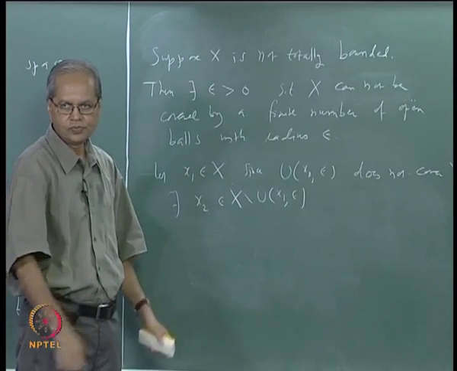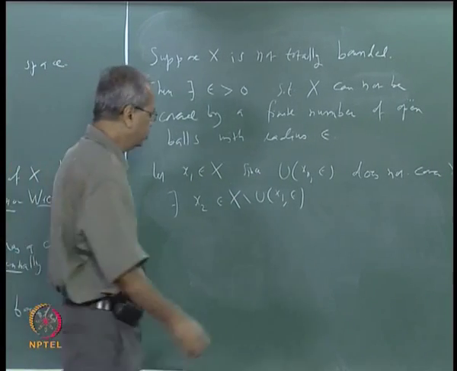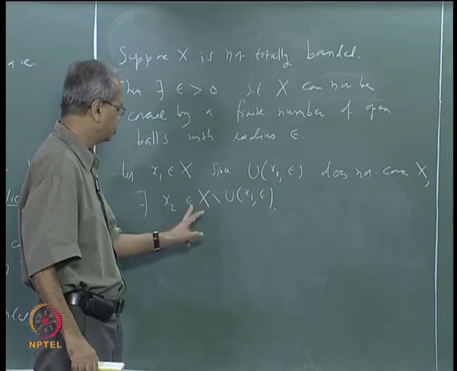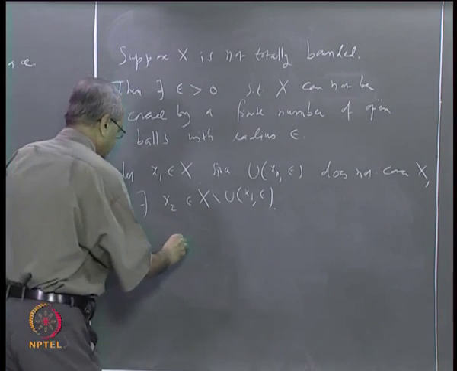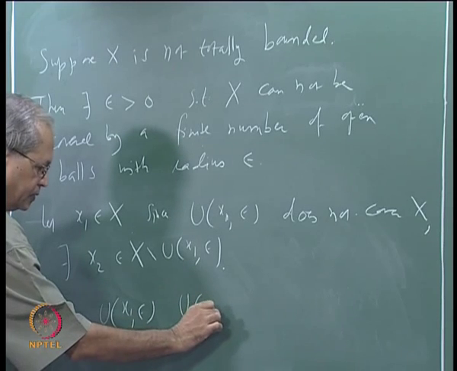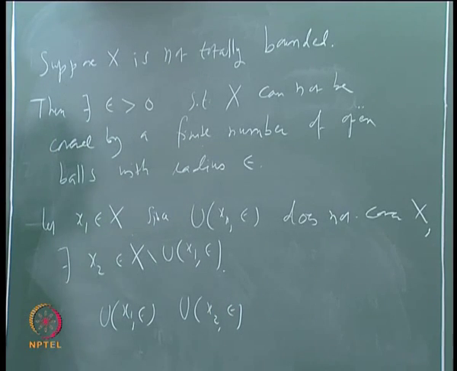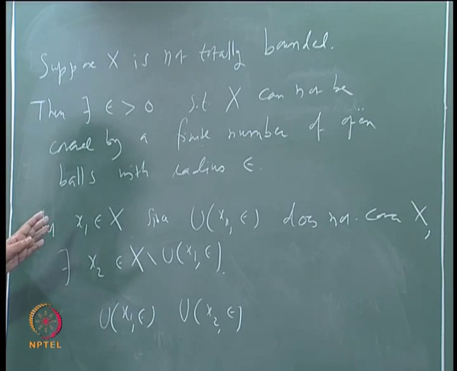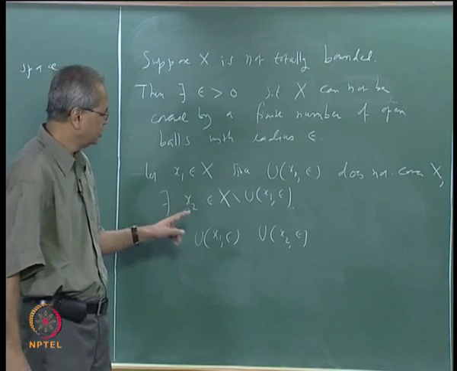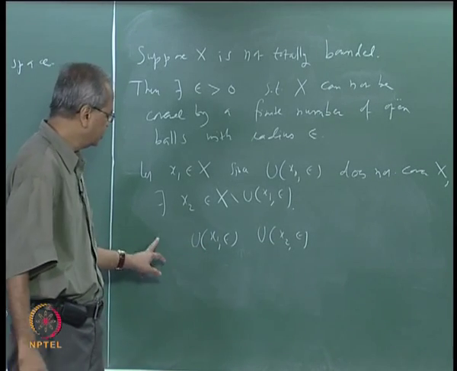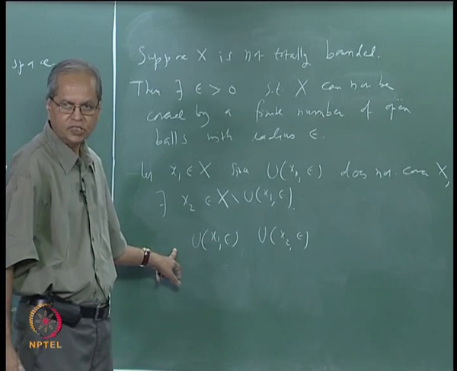Now I will consider U(x1, epsilon) and U(x2, epsilon). These two balls also cannot cover X, because our assumption is that X cannot be covered by a finite number of open balls. So I can find some x3 which is outside both of these.